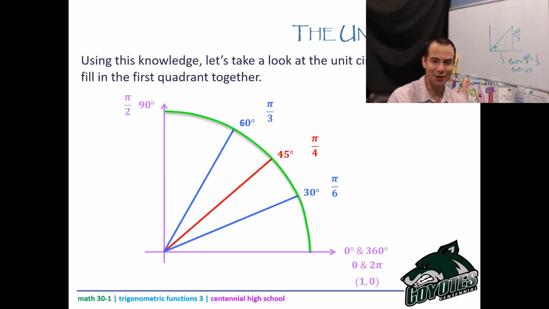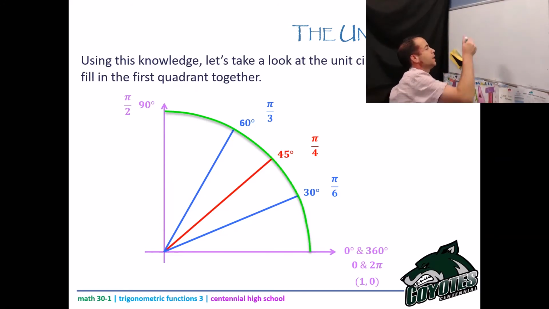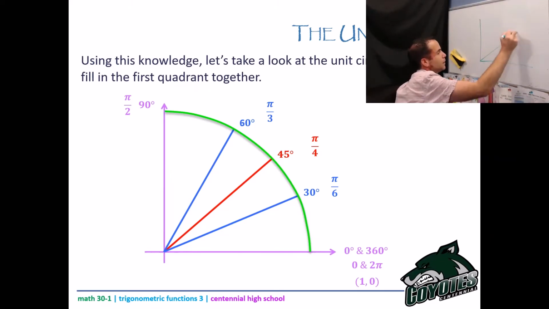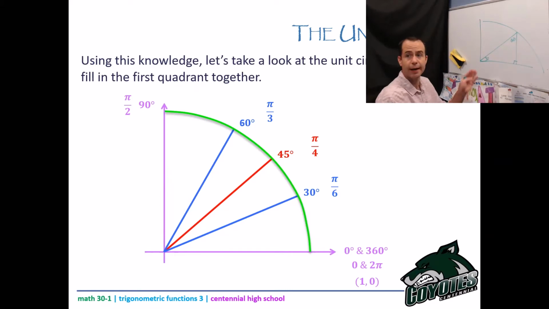Okay, so let's deal with that 30 degrees. And actually, we've already dealt with that 30 degrees, because I want you to think about the triangle that I just got you to do. So here's that outer edge of the circle, right? If this is 30 degrees and this is 90 degrees, this is 60 degrees. So I have a special triangle.